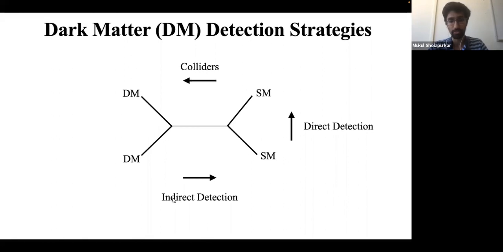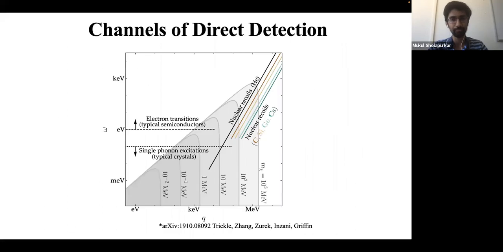This happens in indirect detection. Or finally, you can build a detector, and if a dark matter particle passes through, it can create a recoil or some sort of signal that you can measure in that detector. This is called direct detection. In this seminar, I'm going to be focusing on this direct detection strategy to look for dark matter.